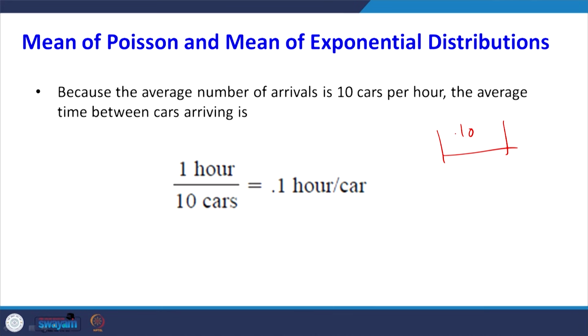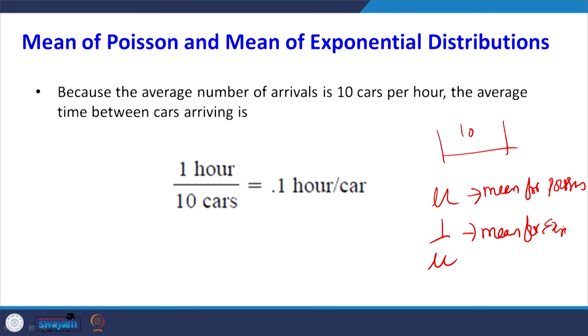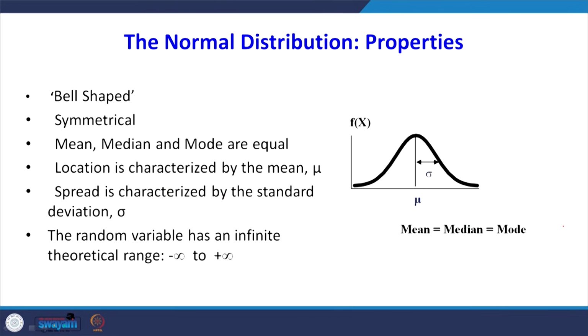Generally we write mu as the mean for Poisson distribution, and one by mu as the mean for exponential distribution. That is the relation between Poisson and exponential distribution.